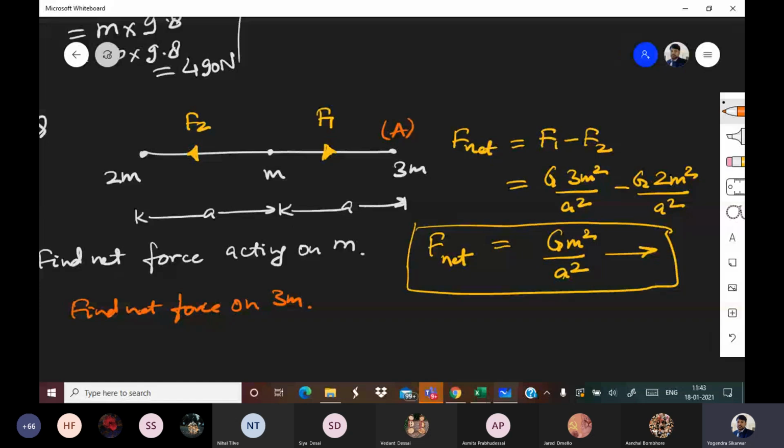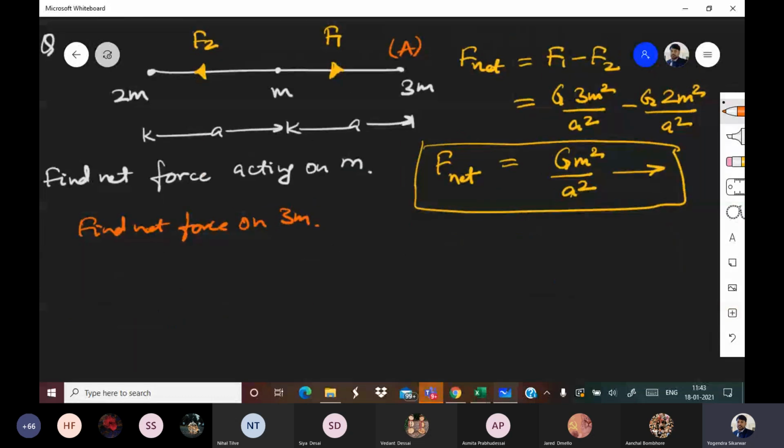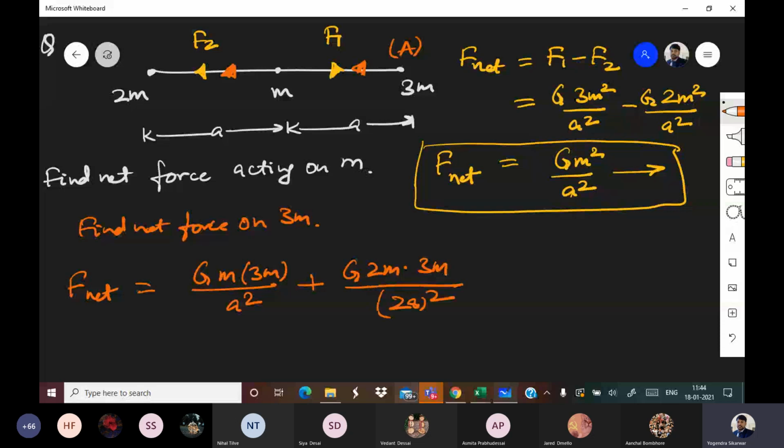Very nice, Mayank, very nice. Pay attention. F net due to this and due to this, right? So F net will be Gm into 3m upon a square plus G into 2m into 3m upon 2a whole square.